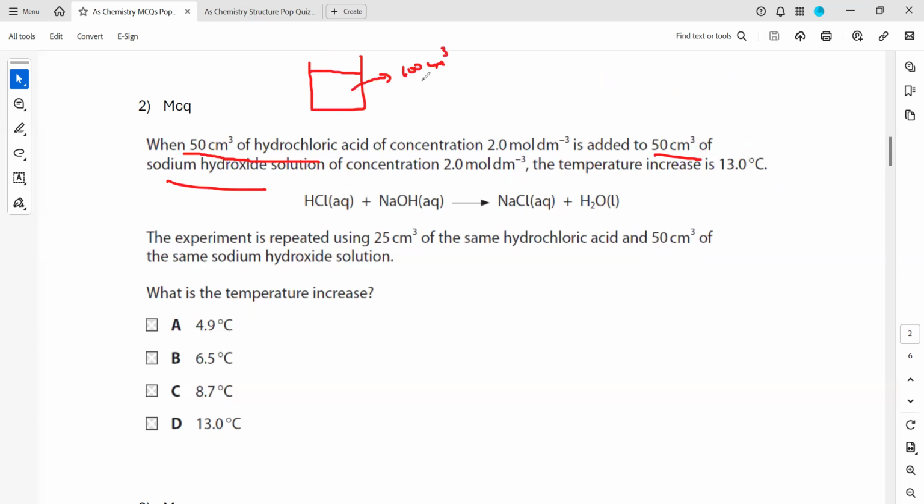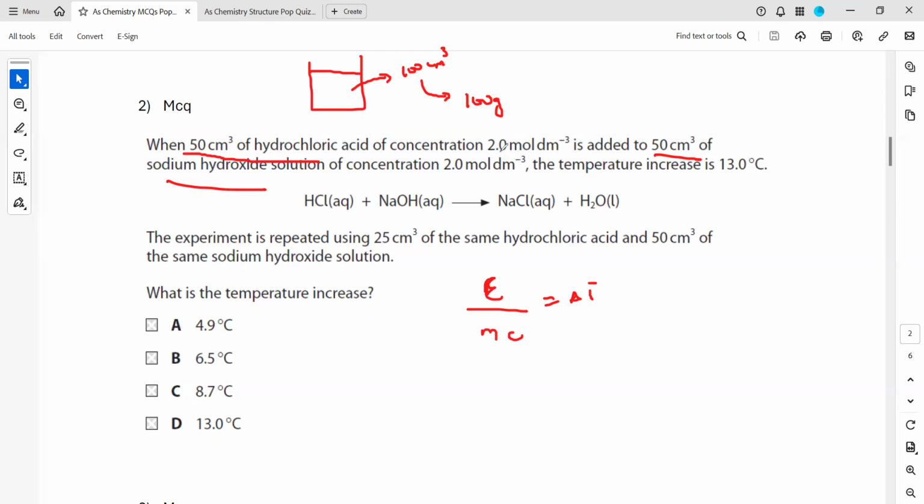If you use 100 cm cube of a solution, it means the mass of the solution is 100 grams. So in the first experiment, we used 100 grams of the mixture. Because we have the formula E equals Cm delta T, or E divided by m into C equals delta T. The relation.